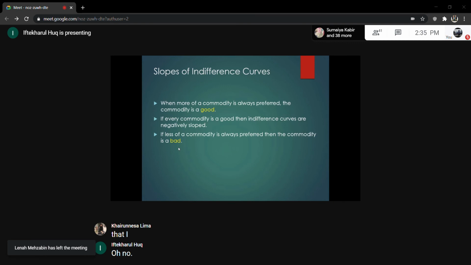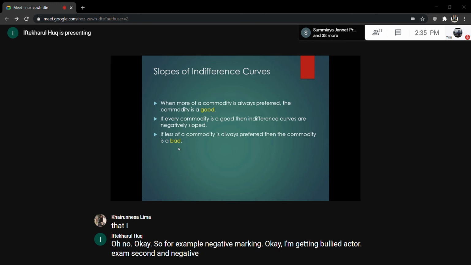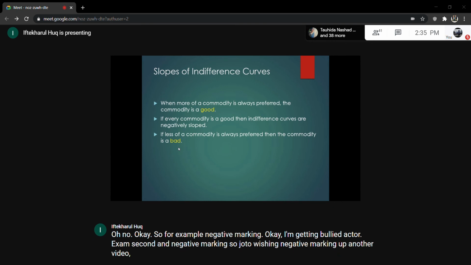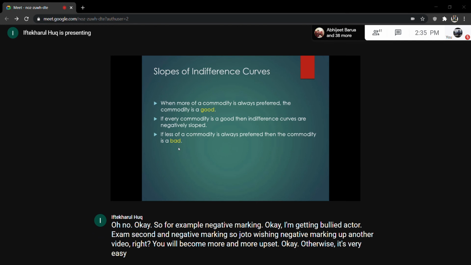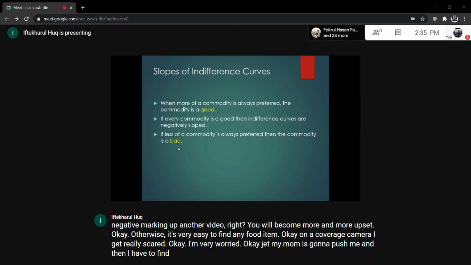So for example, negative marking. আমি যদি বলি যে একটা এক্সাম সেখানে নেগেটিভ মার্কিং আছে, সো যত বেশি নেগেটিভ মার্কিং আপনাদের মাথা তত গরম, রাইট? ইউ উইল বিকাম মোর অ্যান্ড মোর আপসেট। Otherwise it's very easy to find any food item. অনেক খাওয়া আছে যেগুলো হয়তো আমরা পছন্দ করি অথবা অ্যাটলিস্ট আমি পছন্দ করি। অনেক ভেজিটেবল আছে যেগুলো হয়তো আমি দেখলে I get really scared. I am very worried. My mom is gonna push me and then I have to find a way to avoid that.